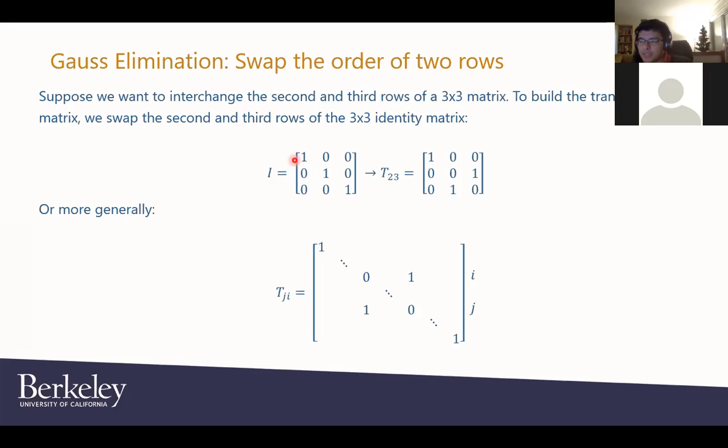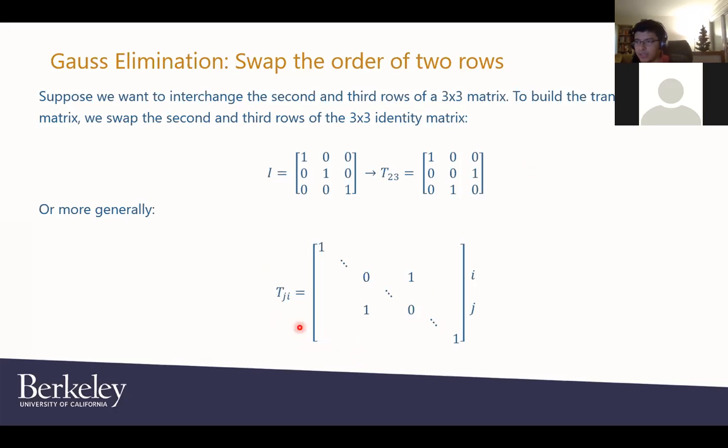If we take the identity matrix and swap rows 2 and 3, we get this transformation matrix. If we multiply this matrix times our matrix A, that's also 3 by 3, then our result will be the matrix A with rows 2 and 3 swapped.